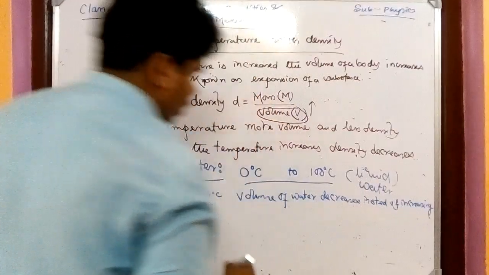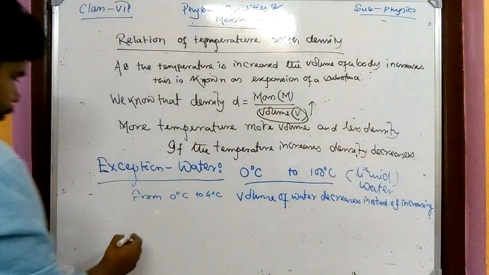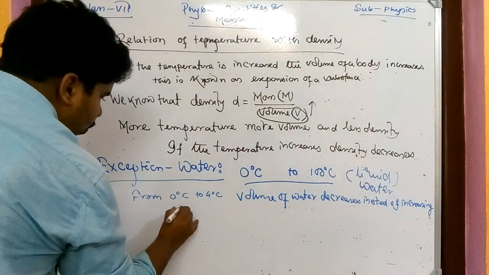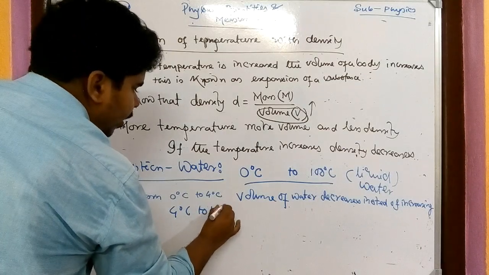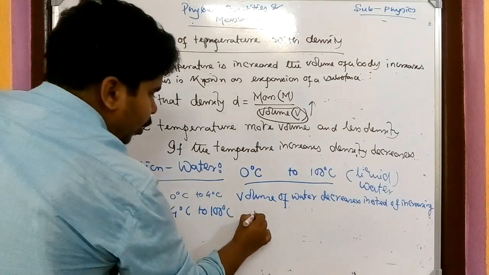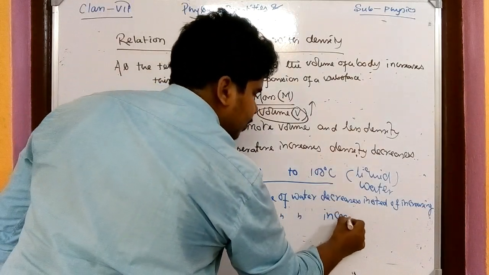We have learned as the temperature increases, the volume will increase, but for water, from 0 to 4 degree centigrade, the volume decreases instead of increasing. And if you increase more, from 4 degree centigrade up to 100 degree centigrade, the volume of water will increase.